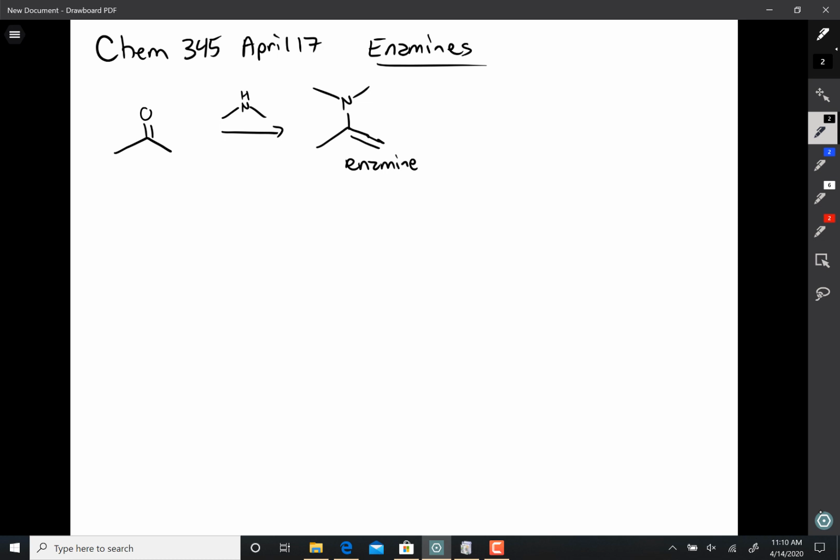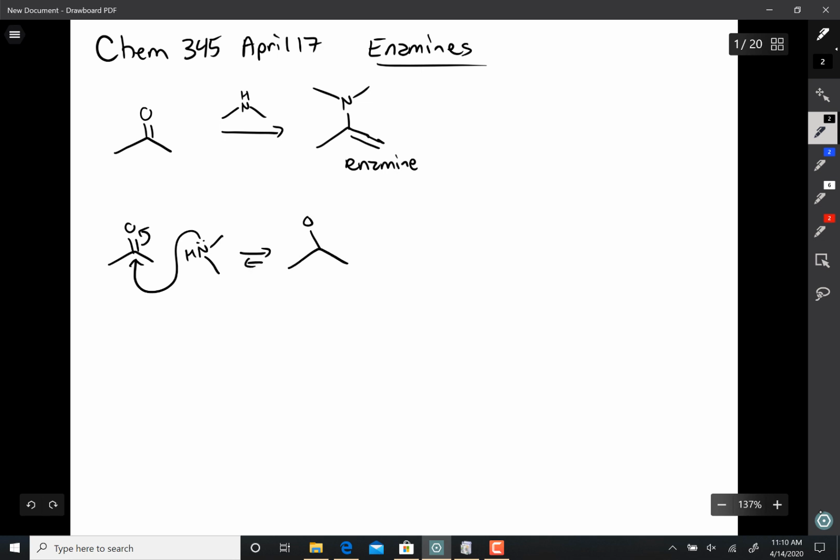The mechanism of this reaction is the electrons add to this, and so the mechanism is very similar to that of imine formation.